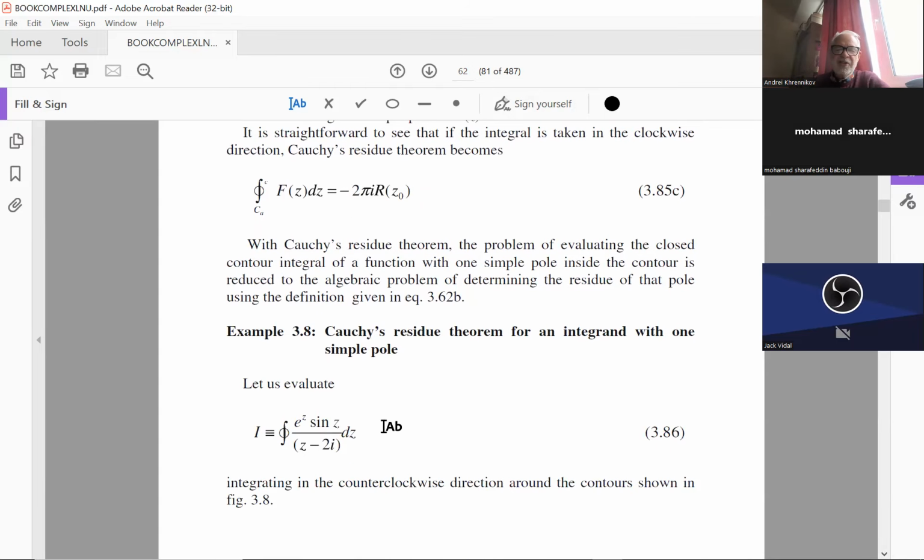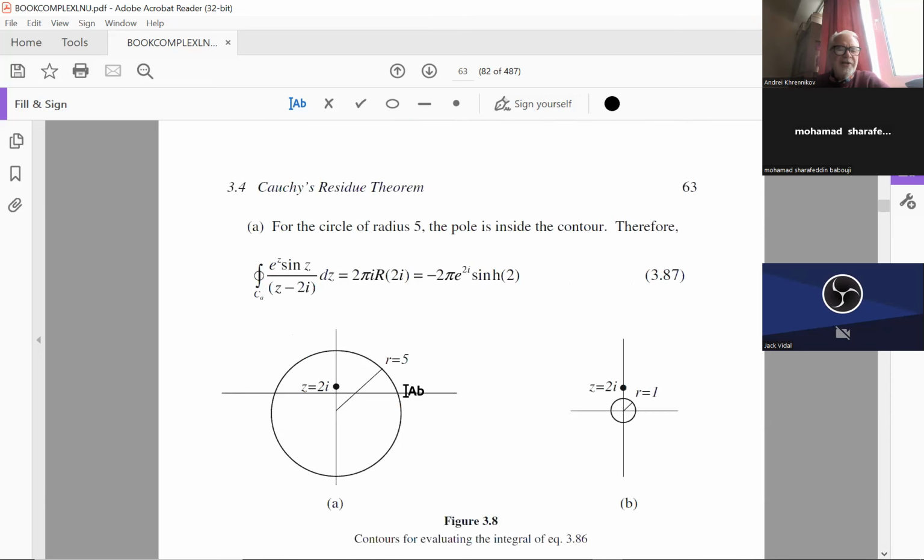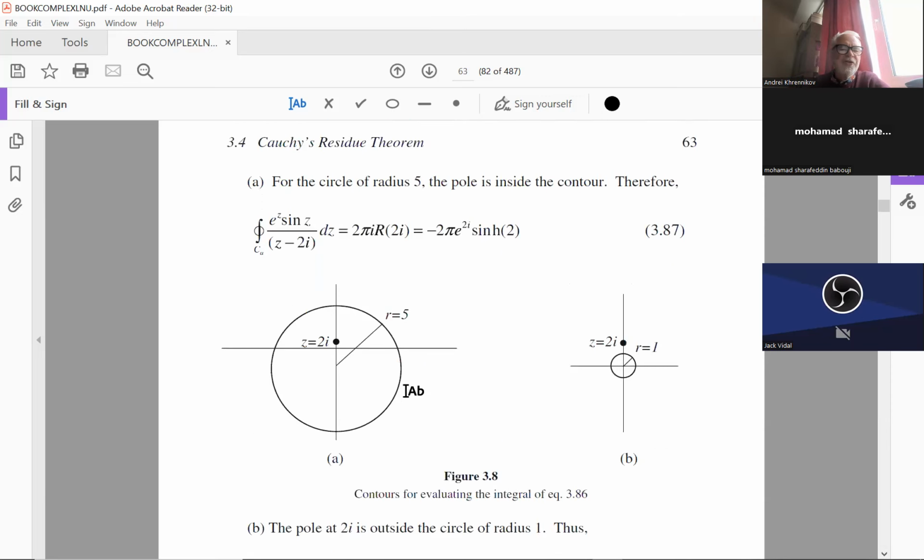So for example, they consider this example, exponent, and so on, and they have some pictures. So first it is a contour around, which contains 2i, some contour around this point; 2i is on this axis.